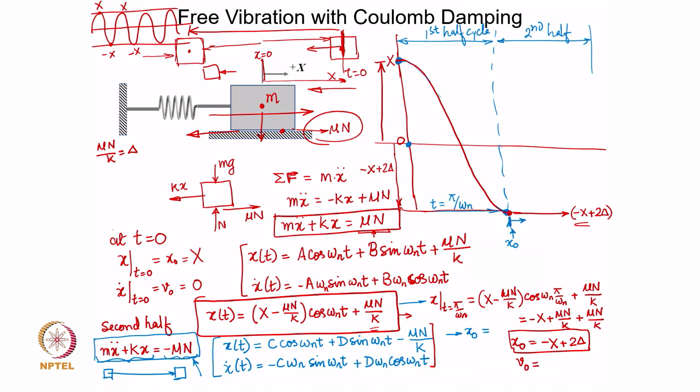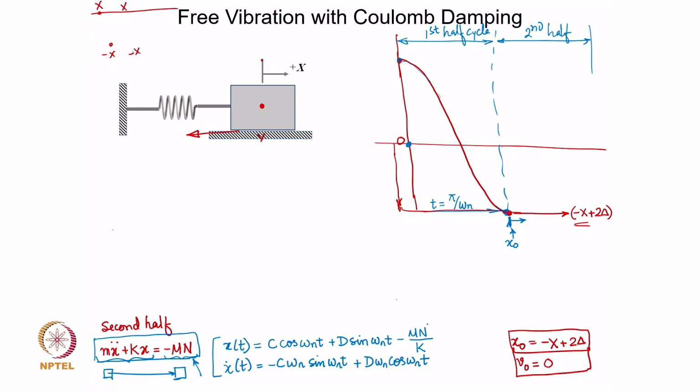So, ultimately there is no velocity at the end of the first half cycle, and therefore, for these two equations which we wrote for the second half cycle, we will have to use x naught and v naught which we have obtained from the previous half cycle's response, to get the expressions for C and D.